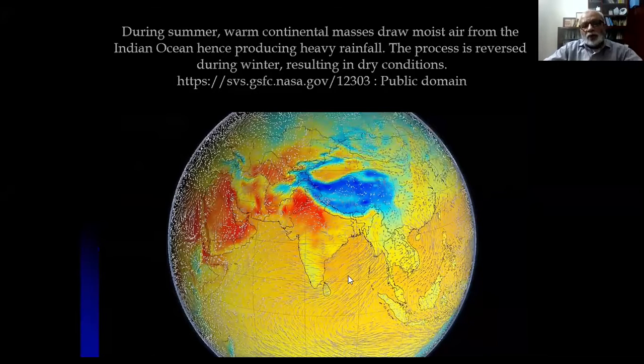It's from a very long time, the same wind motion is continuing, and they carry the moisture from the Bay of Bengal and can generate rainfall in this region.